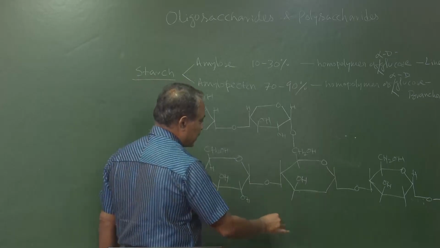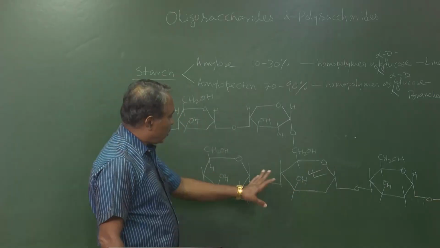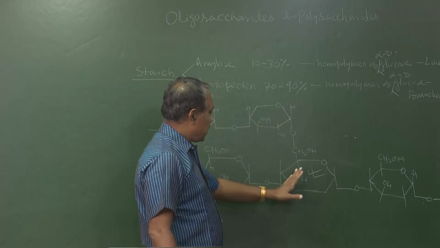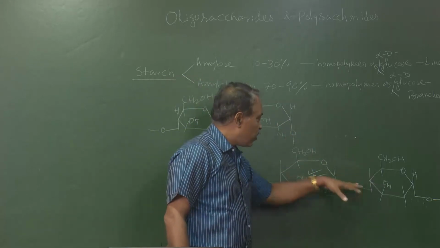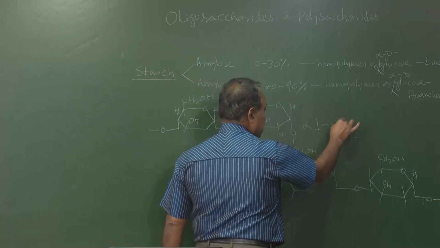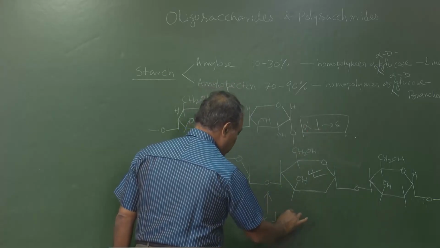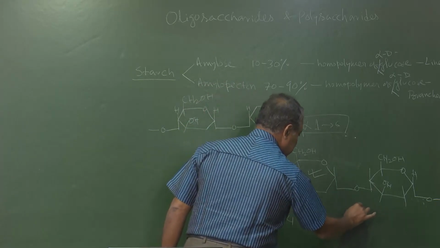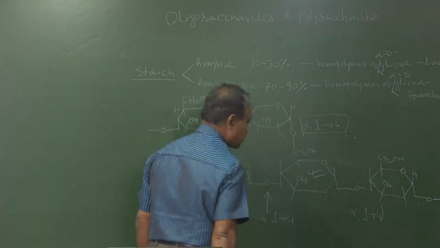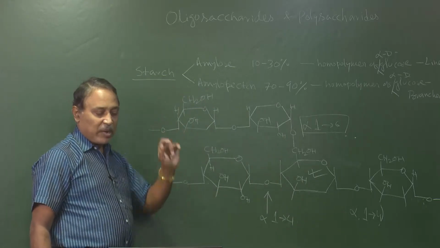This glucose unit is the branch. It is joined to one glucose this side, one glucose that side, and one here. Here with 1,4, here with 1,4, here with 1,6. This is an alpha 1,6 glycosidic linkage, and this one is an alpha 1,4 glycosidic linkage, and this is an alpha 1,4 glycosidic linkage. So this is the structure in amylopectin.